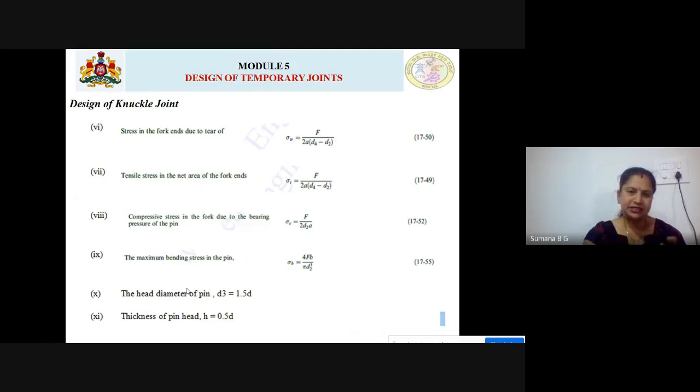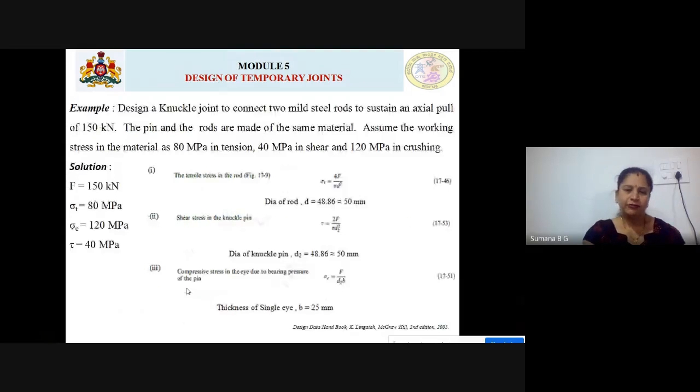Now we have discussed the theoretical aspects of design of knuckle joint. Solving one or two problems will make us understand the design aspects better. So let's come to a problem. Design a knuckle joint to connect two mild steel rods to sustain an axial pull of 150 kilonewton.